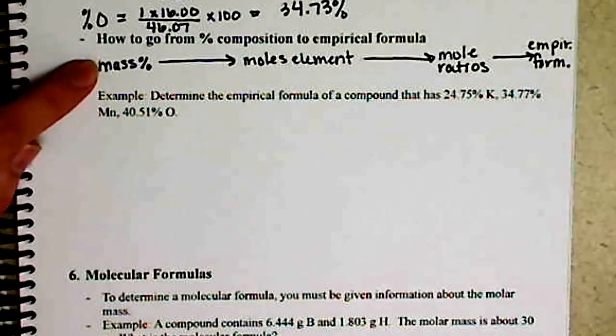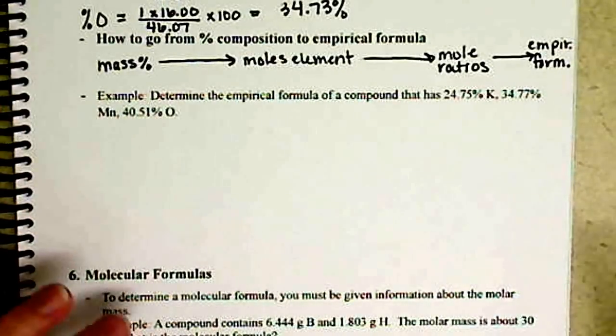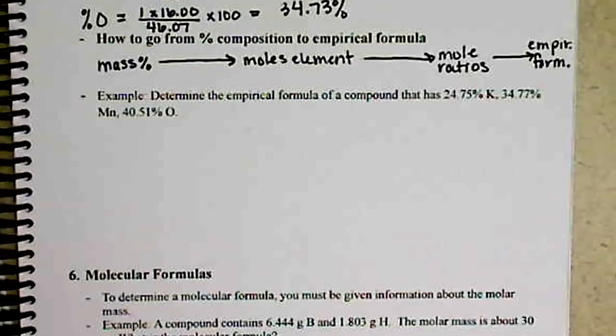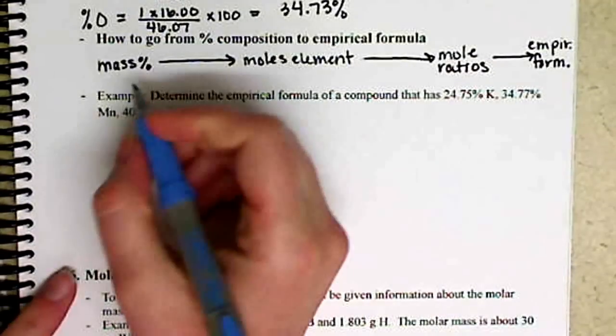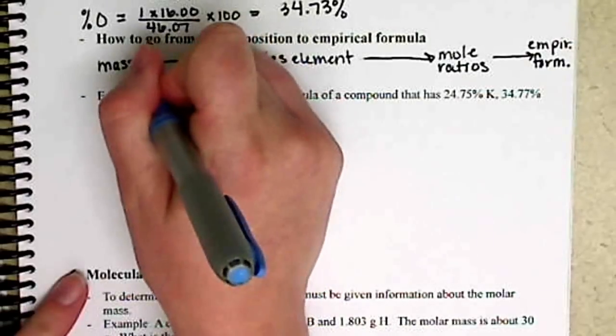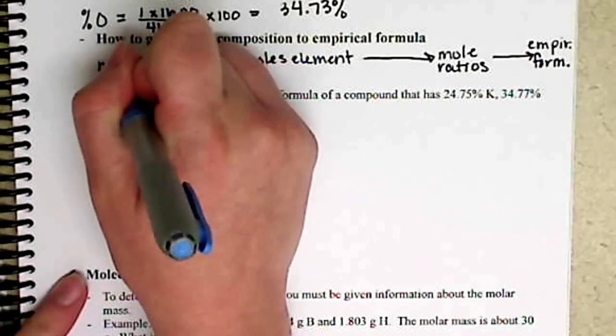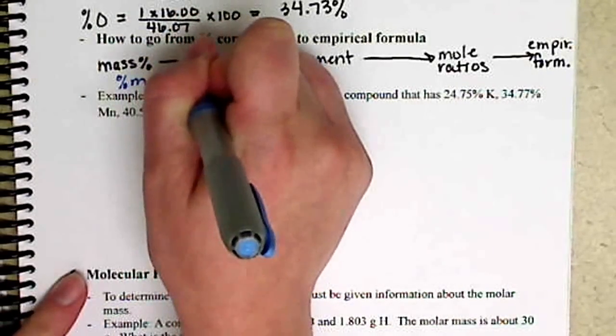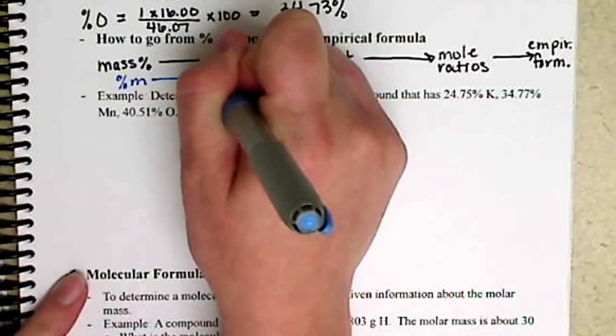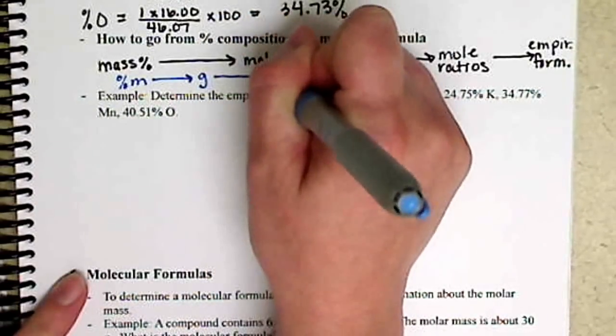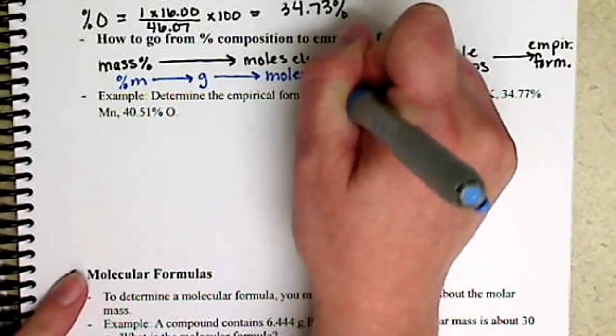Now this first step, your book kind of lumps into one. Sometimes I like to separate it, but basically you're going to take your mass percentage, change it to grams, and then change to the moles of your element.